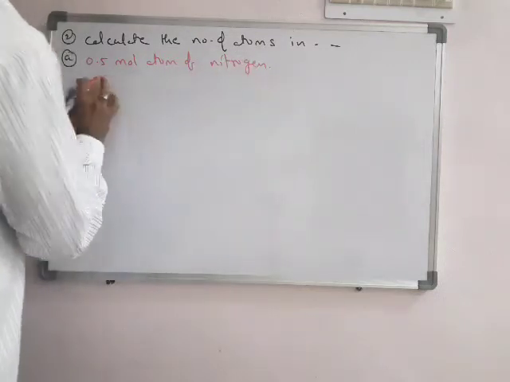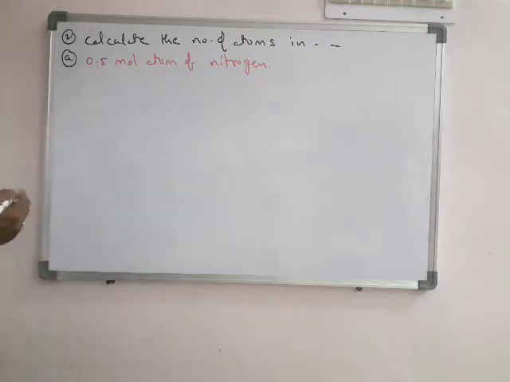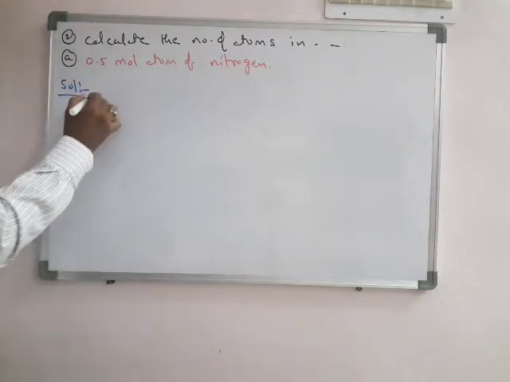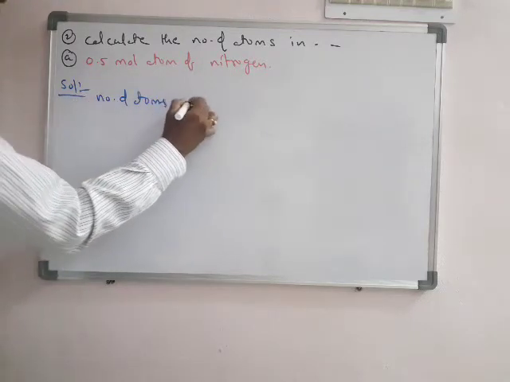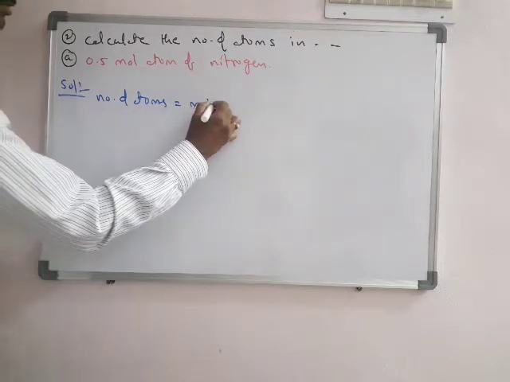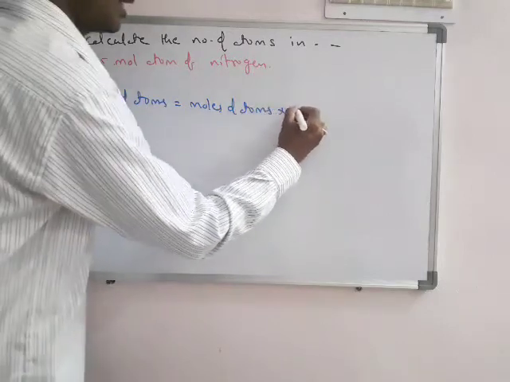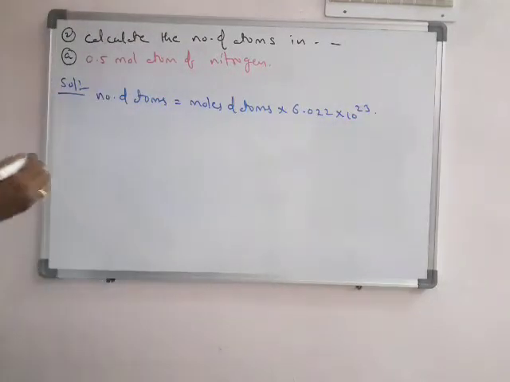It is given in terms of moles, 0.5 moles of atoms, and we need to find the number of atoms. If moles is given, what is the formula? We must remember the formula, then only it becomes very easy. Number of atoms, if given in terms of moles of atoms, equals moles into Avogadro number, 6.022 into 10 power 23. So that is the formula.